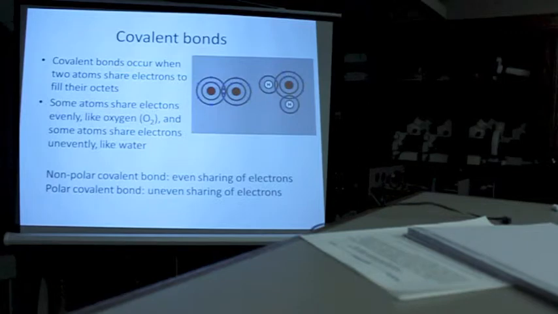Others will not share evenly, and we're going to talk more about this. Imagine oxygen, which is to the right on the periodic table, and we know the ones on the right really want electrons. Hydrogen is all the way on the left, so it kind of wants to give up electrons. We'll talk about how much they want to give up or gain electrons on the next few slides.